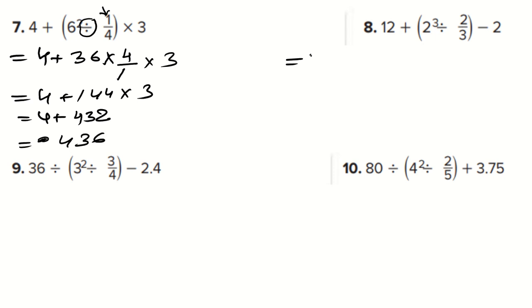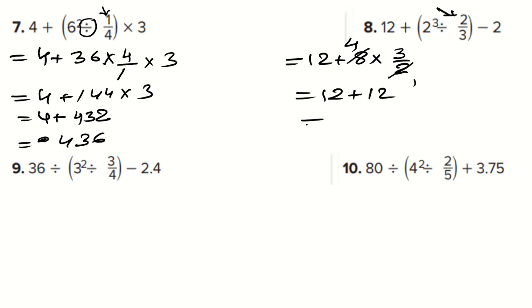Now what about this? 12 plus 2 to the power 3 means 8. Again, after division you have a fractional number, so just flip it and division will be converted into multiplication. So it will be 3 over 2. Now 8 up and 2 down, it will be divided. So 8 divided by 2 is 4, and 4 multiply 3 is 12, and 12 plus 12 is 24.